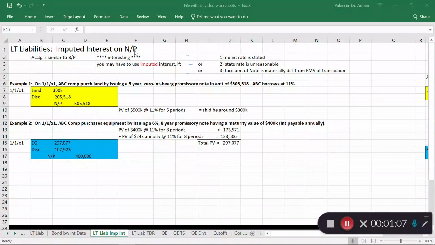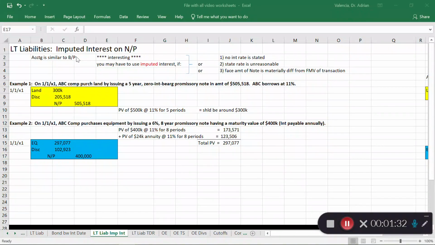You'll see in a minute what I mean by that. I'm going to explain the concept of imputed interest in the context of notes payable, given that it's similar to what we saw in a video on bonds payable, except that with notes payable, you're just dealing with a discount to account for the interest.